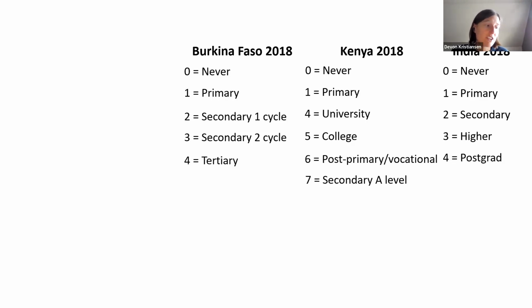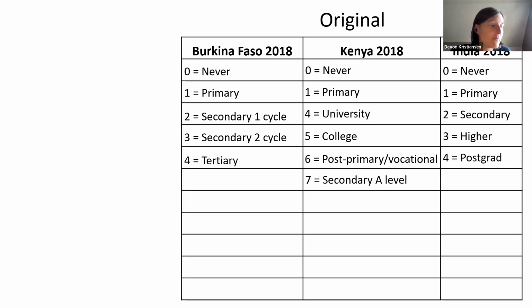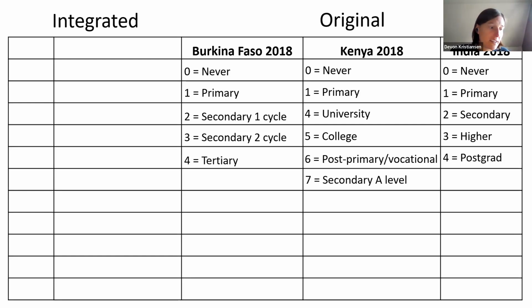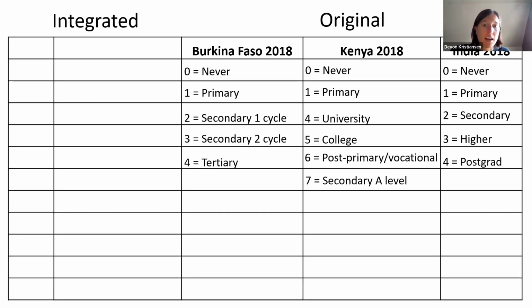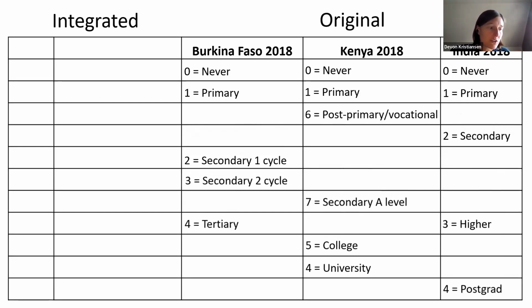For clarity and help visualizing, I'm putting this into a table. The codes on the left side are the integrated values that you'll download from our website. I'll reorder the codes so that like categories are in the same row, and also increasing from less to more schooling.